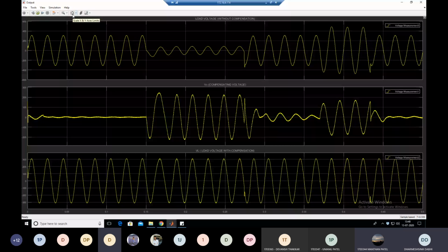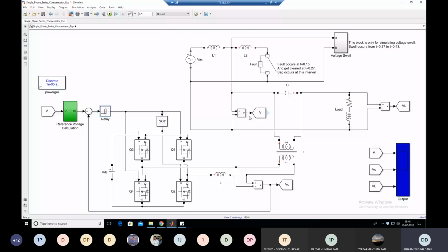Okay. So you can see that first is the V, which is the load voltage but without compensation, because we have measured it before the DVR. So in that we have not seen the compensating voltage.